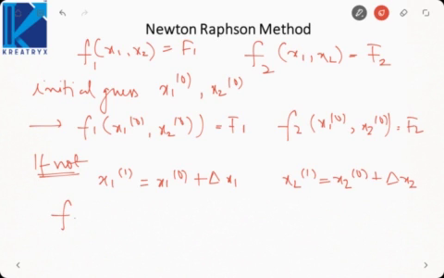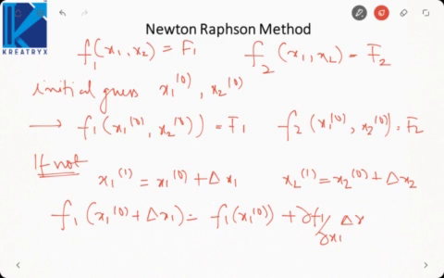Now f1 of x10 plus delta x1 by Taylor series can be written as f1 of x10 plus del f1 by del x1 delta x1 plus higher order terms. Similarly, plus second term will also be there, delta x2, because here this will be a function of x2 plus delta x2 also.